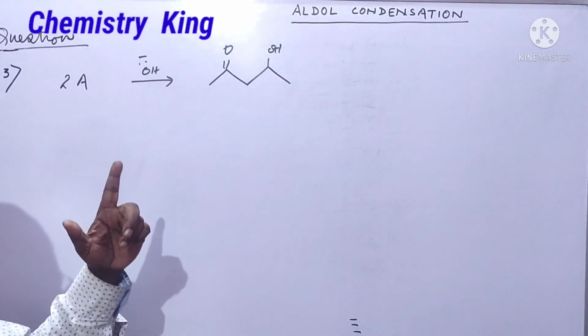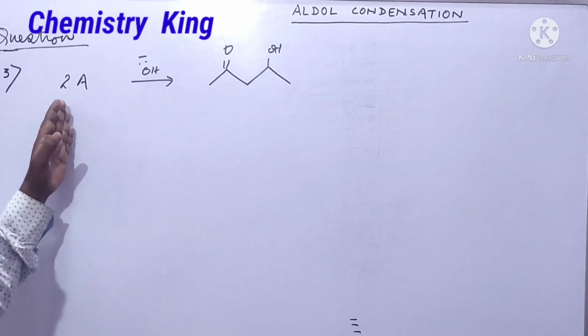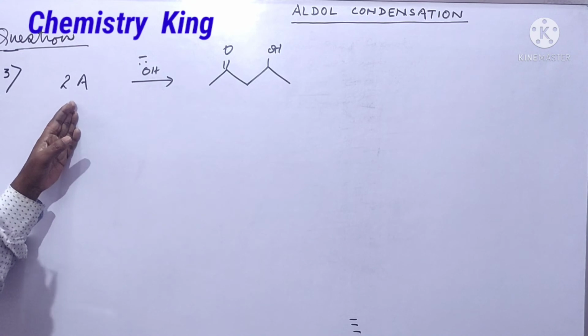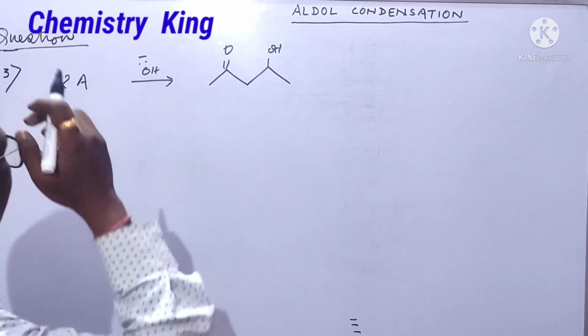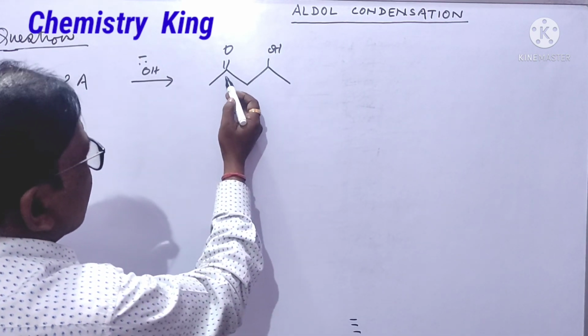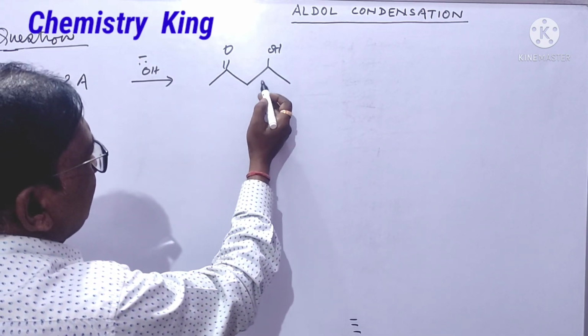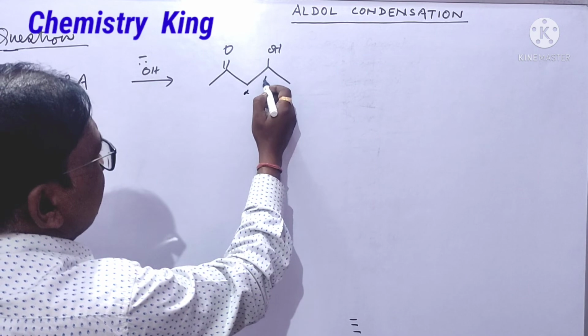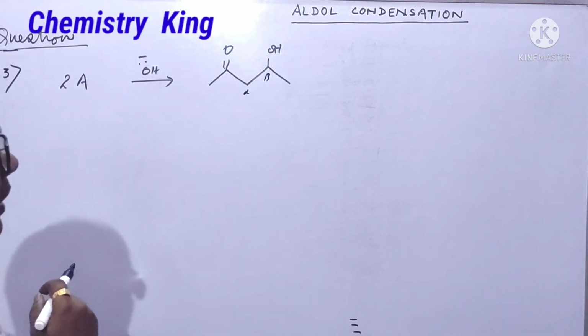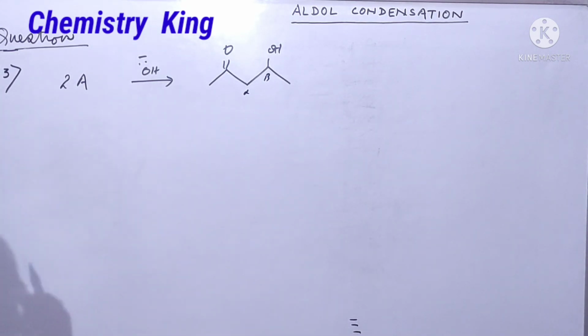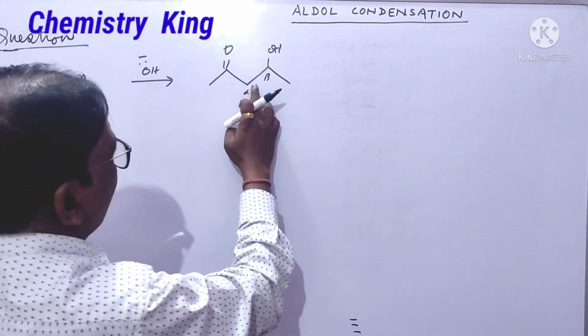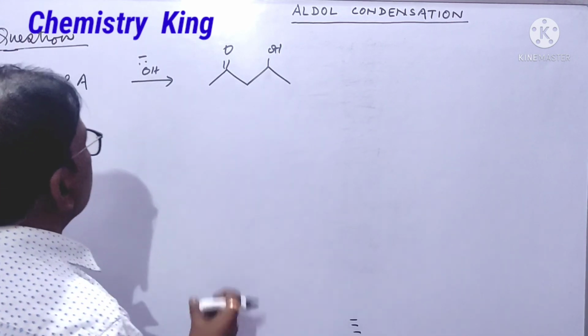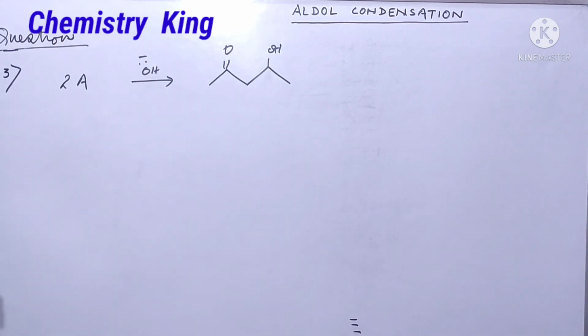If yes, write the name of the substrate, that is the reactant. Friends, here it is alpha beta. It is alpha, it is beta. Alpha beta bond is here and it is beta hydroxy ketone, so of course it is aldol condensation.